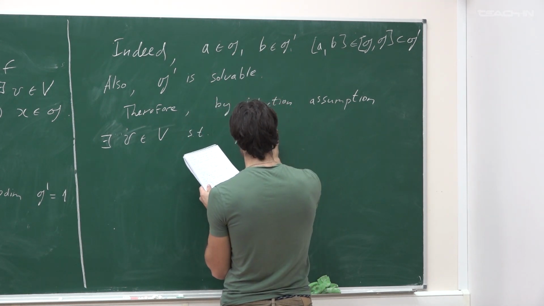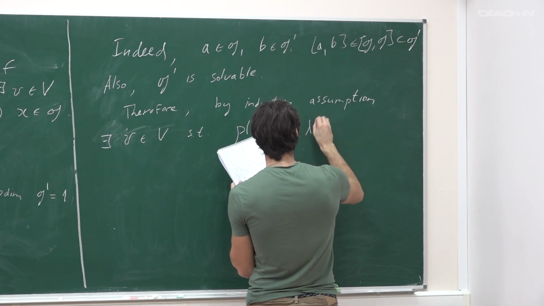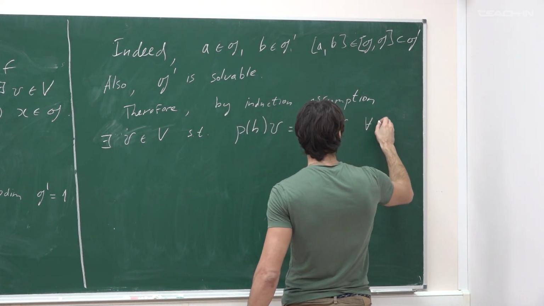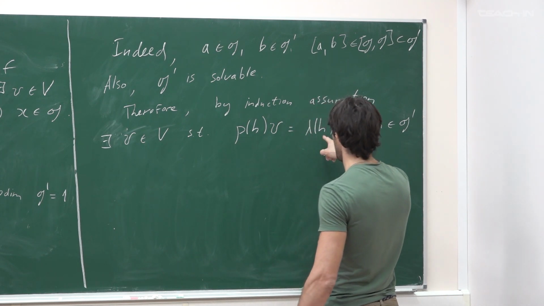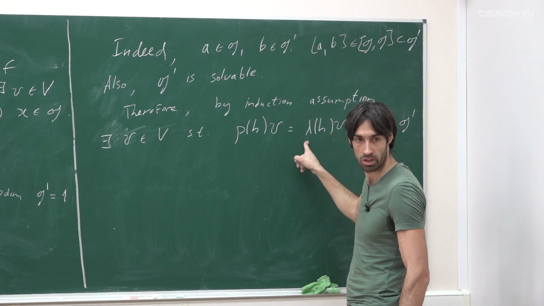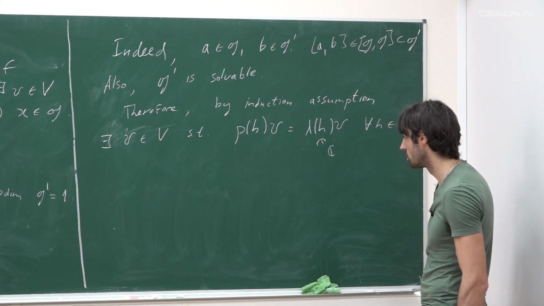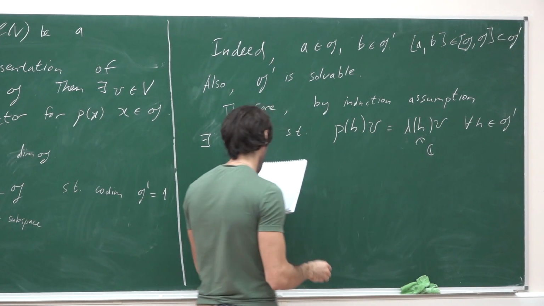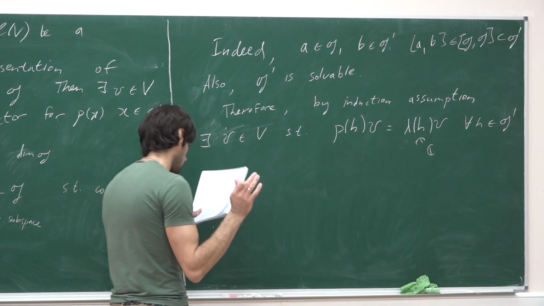So rho of H applied to V is lambda of H times V, for every H in G prime. So for every H we have a number lambda of H, which is just a complex number. So we just label it like this, lambda of H. Actually, it's a linear functional, but whatever.